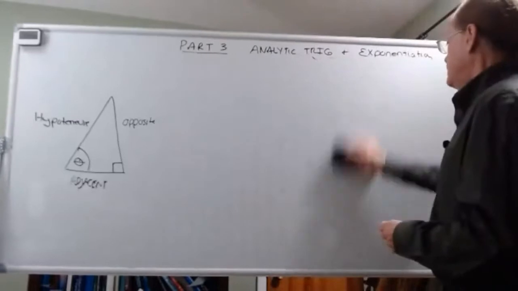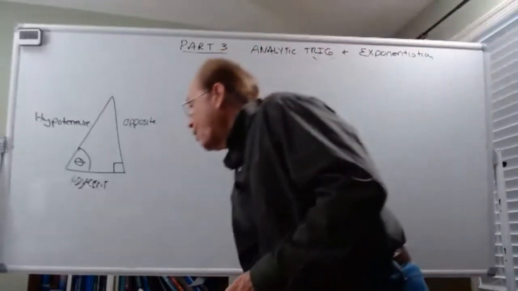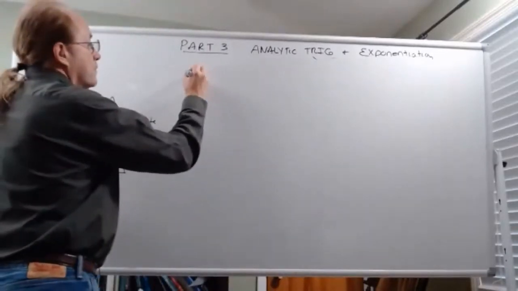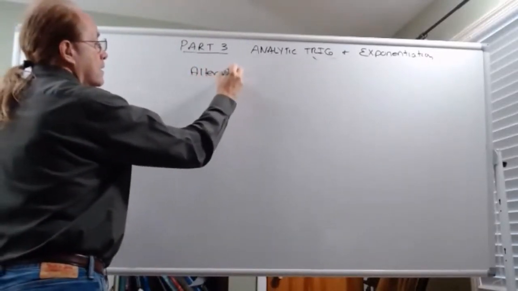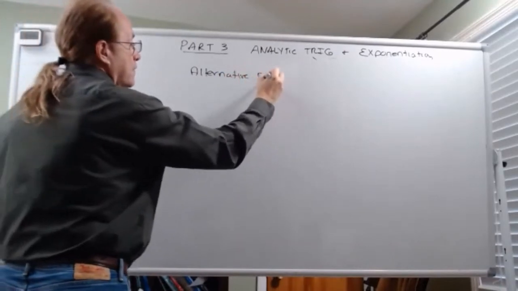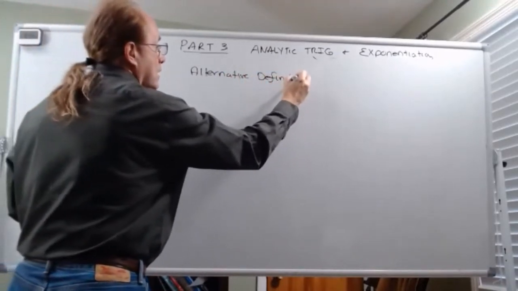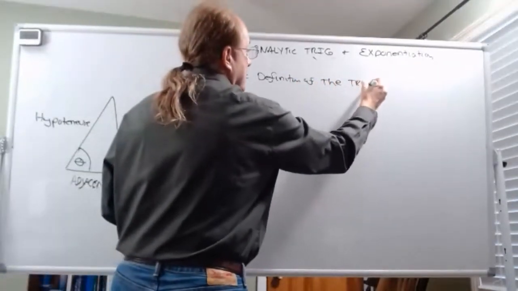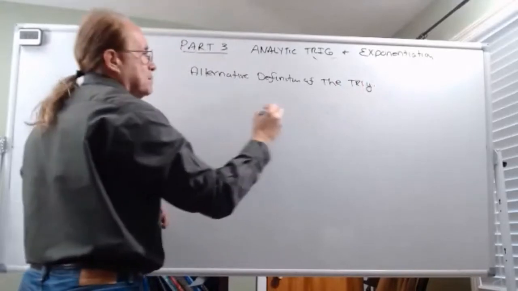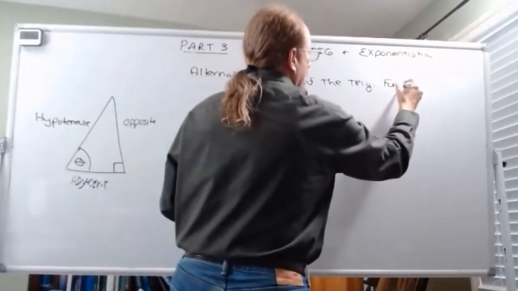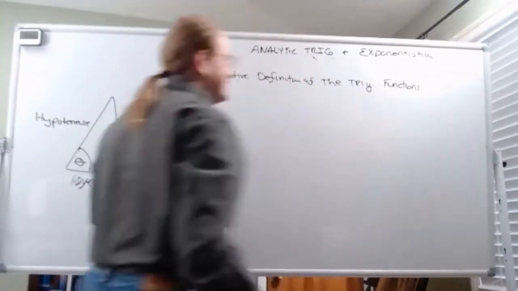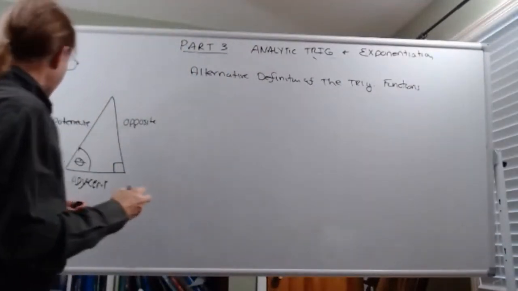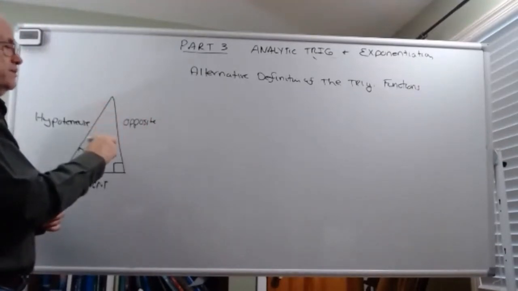Now, we already defined them using the unit circle, but here's an alternative definition of the trig functions. And this is probably how you were first introduced to them. This is a simple way of doing it, but we want it to be a little more analytical and do the unit circle definition.